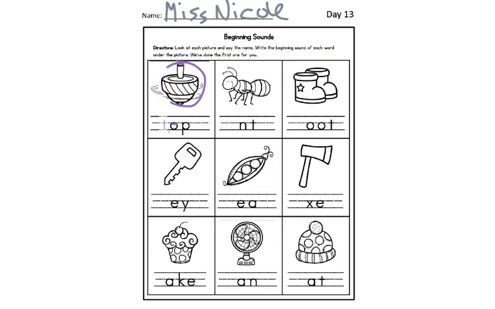Okay. So now let's look at the next picture. This is an ant. For this word, it's a little bit tricky, but if you listen carefully, you can actually hear a vowel at the beginning of the word, not just one sound. Ant.